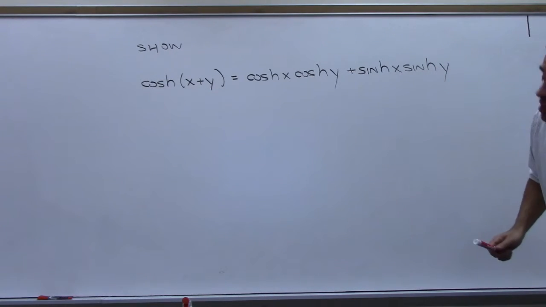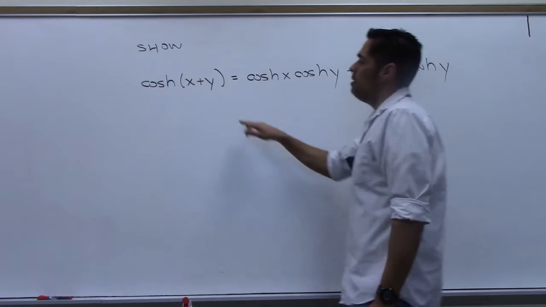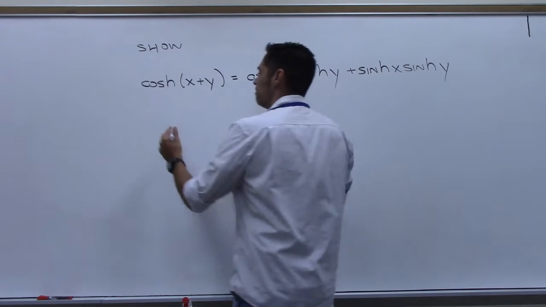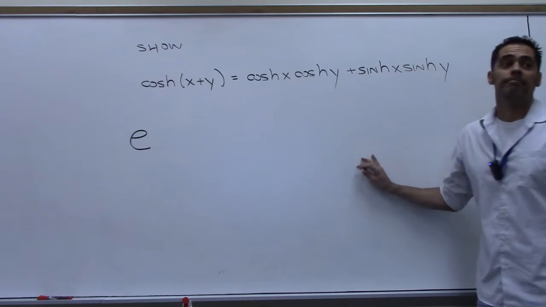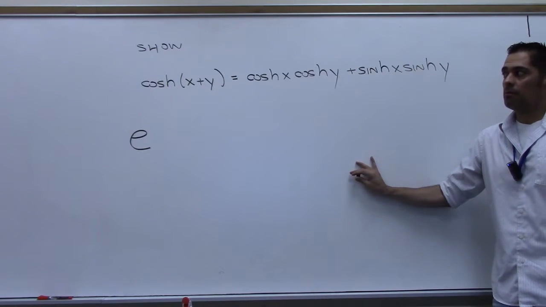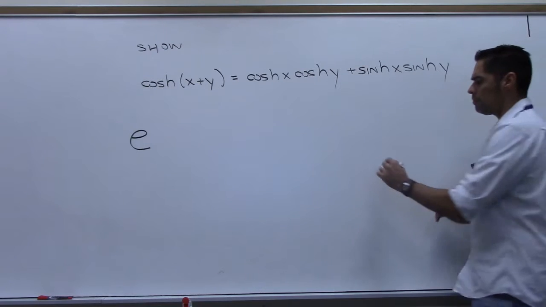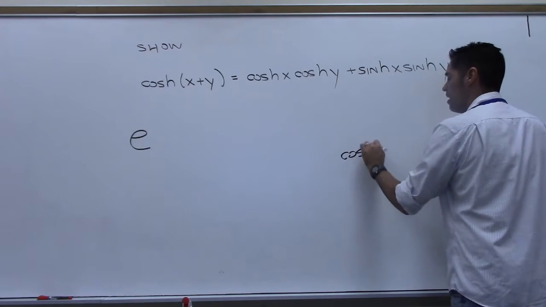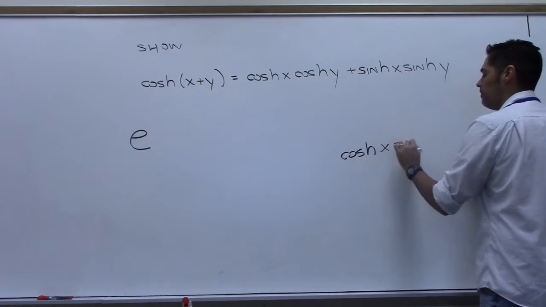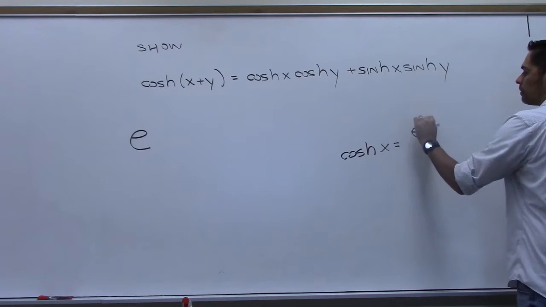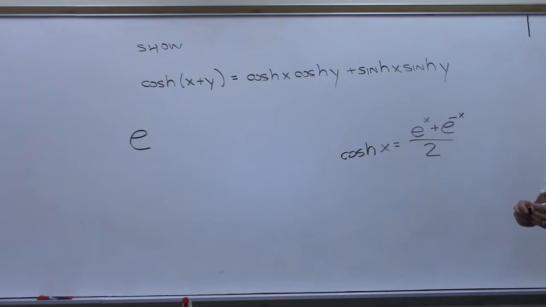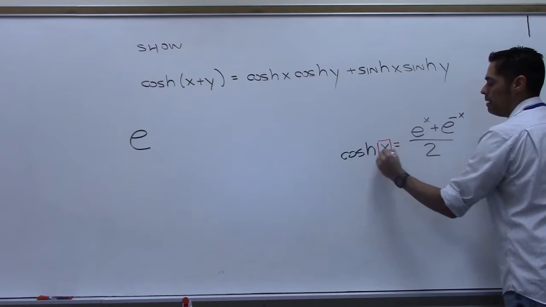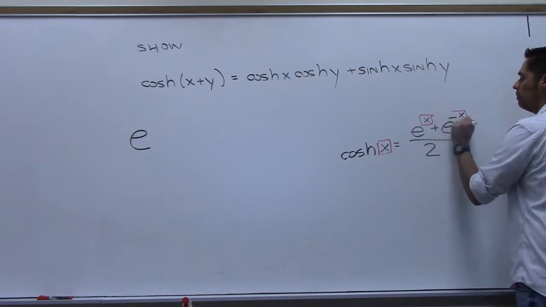So let me help you just at least set it up. This right here is e to the what? X plus... What's the definition of cosine hyperbolic of x? Okay, so instead of x, what's cosine hyperbolic of a box, whatever's in that box?